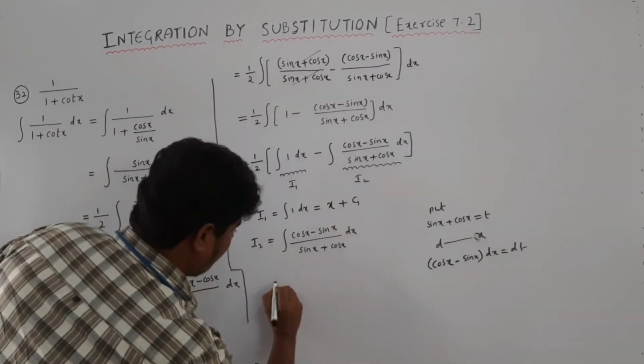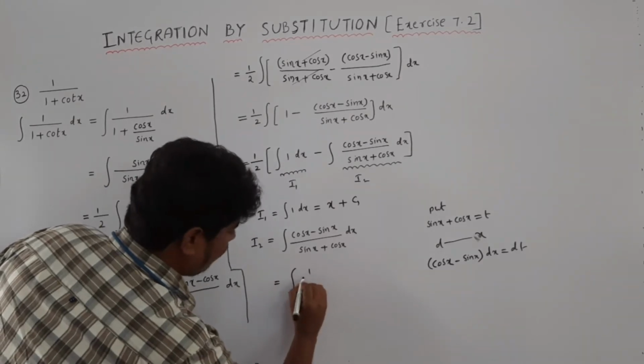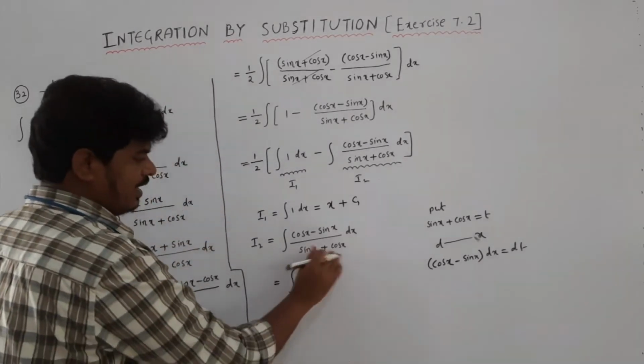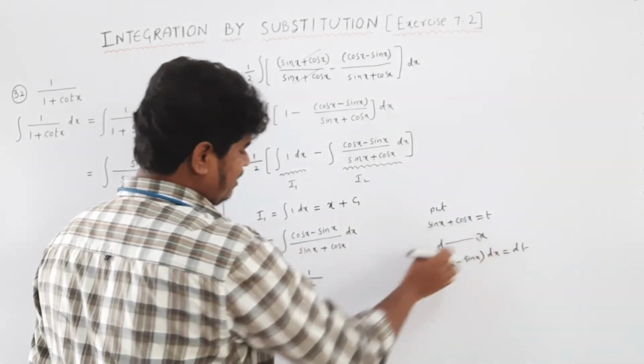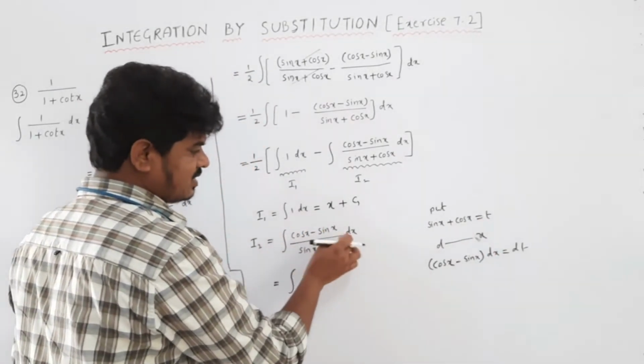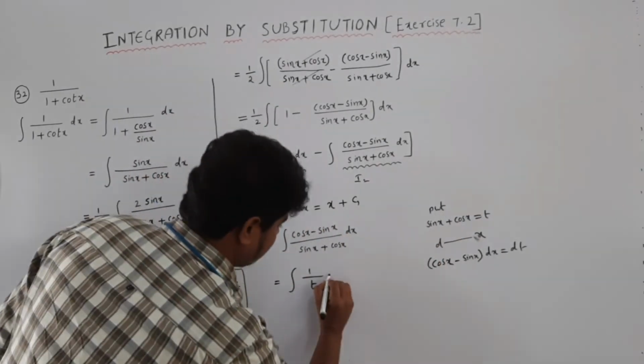Now this I2 will be written as the integral of 1 by t, where sin x plus cos x means t, and cos x minus sin x dx means dt.